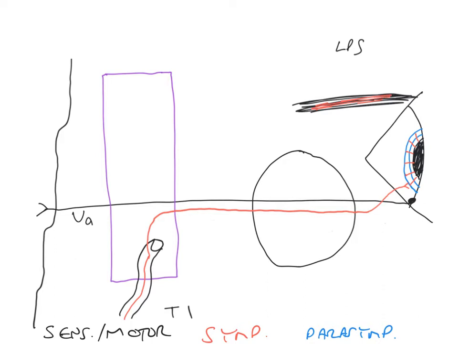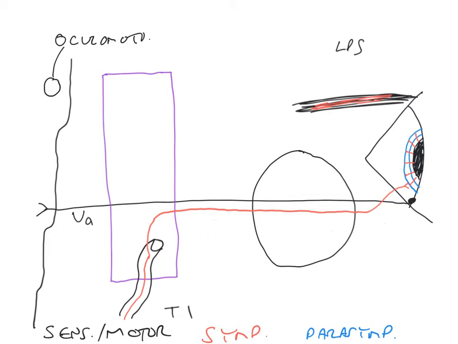But that's not the entire story with regard to the sympathetic supply to the eyeball and the eyelid, because there is a second component. And to appreciate that second component, we need to draw on some parts of the oculomotor nerve. Now, the oculomotor nerve has a motor component, as we've talked about in the past, and that motor component is found within the midbrain, in an area called the oculomotor nucleus.